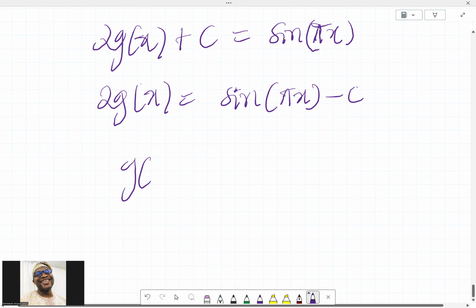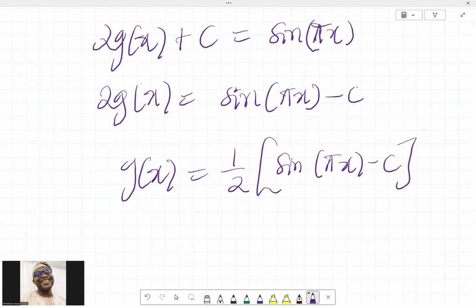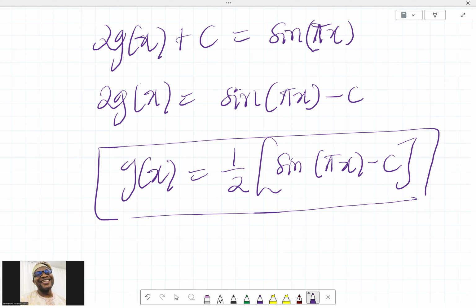So g of x alone, dividing through by 2, is 1 over 2 into sine pi x minus c. That gives us g of x.